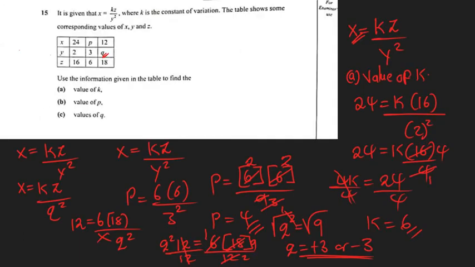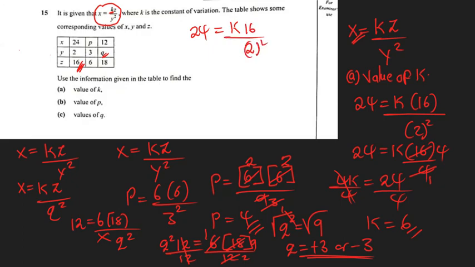Sir, before you proceed, can you help me with the first question for k? For k, you're using a full set. Replace in everything, the formula is there. Where there is x, we put 24. Where there is k, that's the one we're finding. z, we put 16. y, we get a 2.